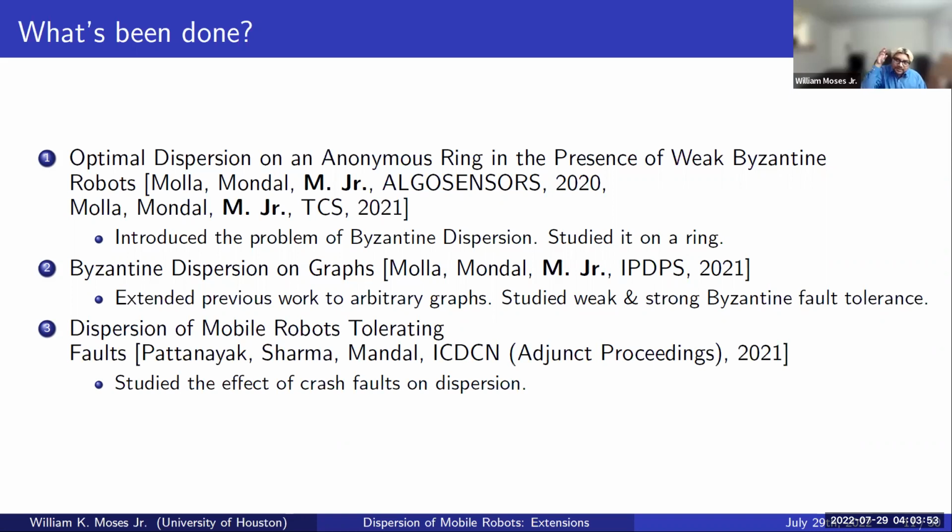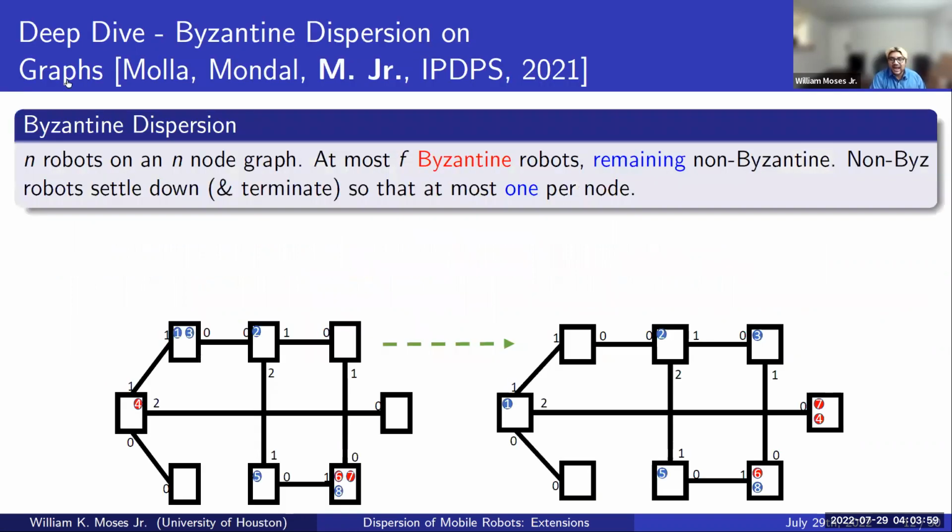So here, I want to deep dive into Byzantine dispersion on graphs, where I can both explain the problem and the issues when you deal with Byzantine robots, and explain the kind of high-level technique that we typically use to solve this problem.